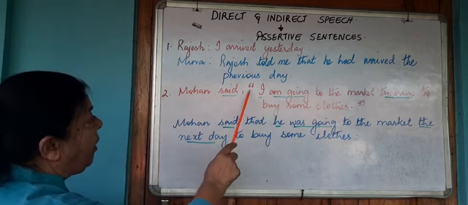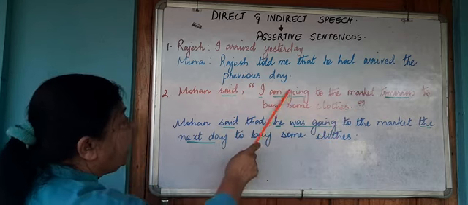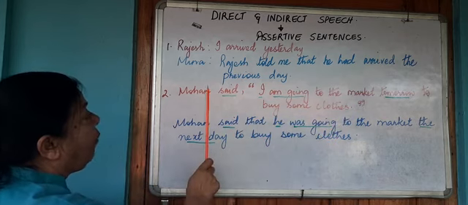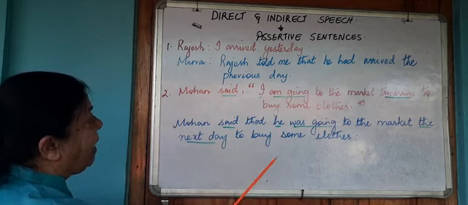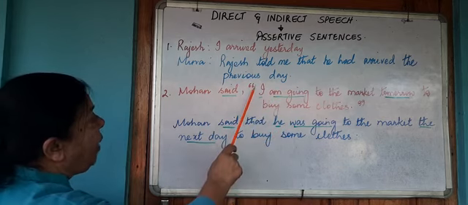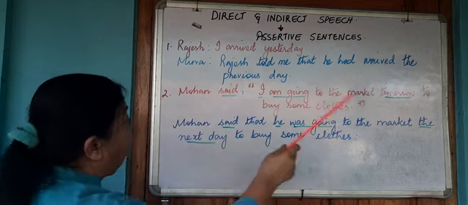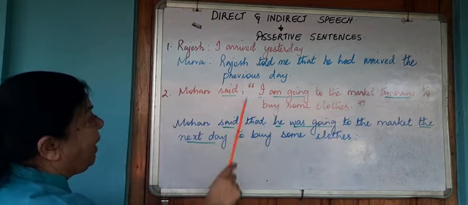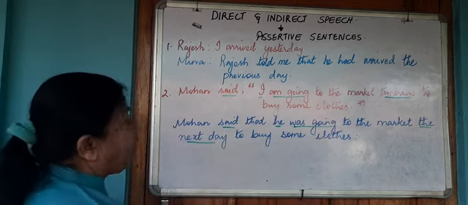So we have the open quotation and the closed quotation. These are the exact words of Mohan. Now, when we report what Mohan has said, you will find that we have removed the quotation marks. Therefore, in the indirect speech, we first remove the quotation marks.